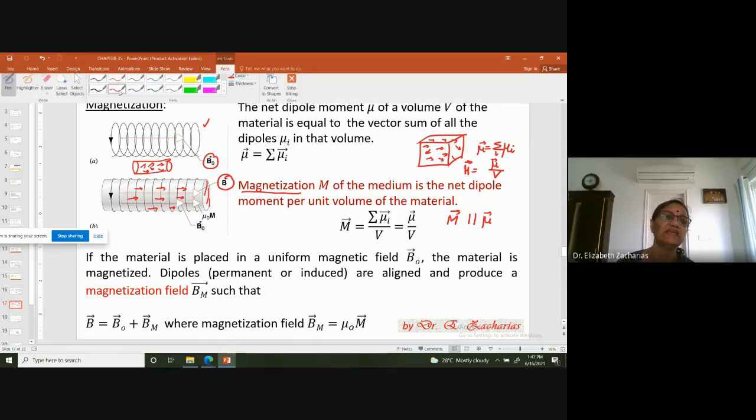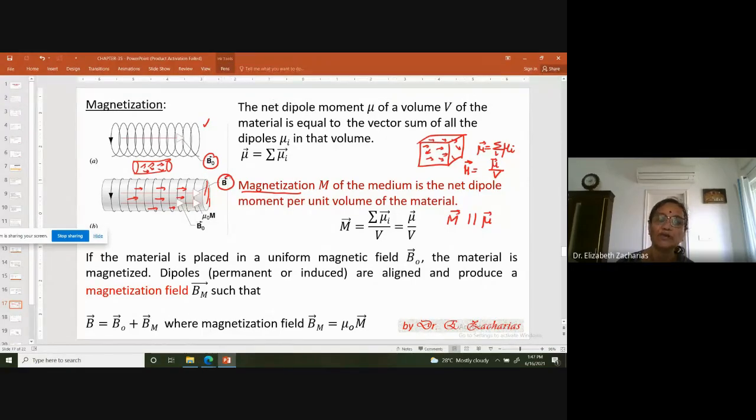The B inside is now no longer B naught. It has taken a new value B because of magnetization happening. The dipoles started orienting, so there is a net magnetization. And if you look at the unit of B, magnetic field is Tesla, but M is not going to have the unit of Tesla.